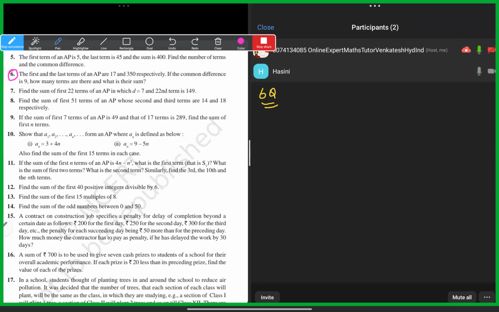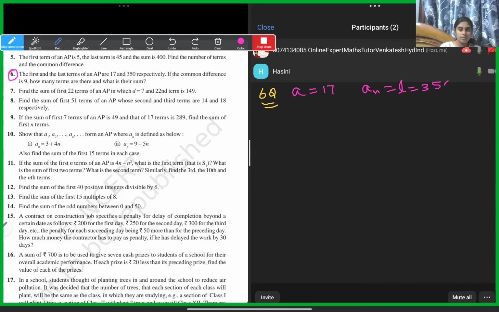So first and last term of the AP means a is given as 17. The last term is an or l, which is 350. This time the common difference d is given, Hasni. How much? 9. Okay, sir. d is 9.